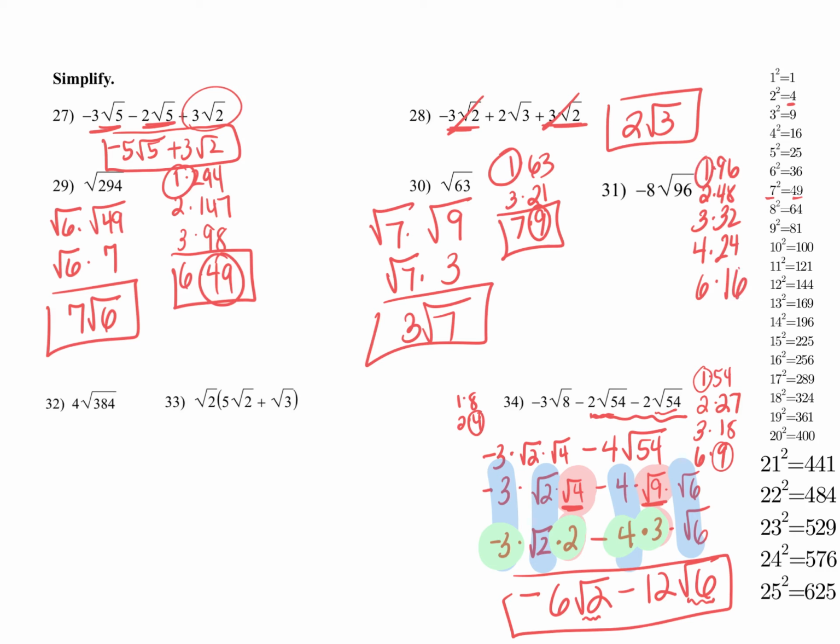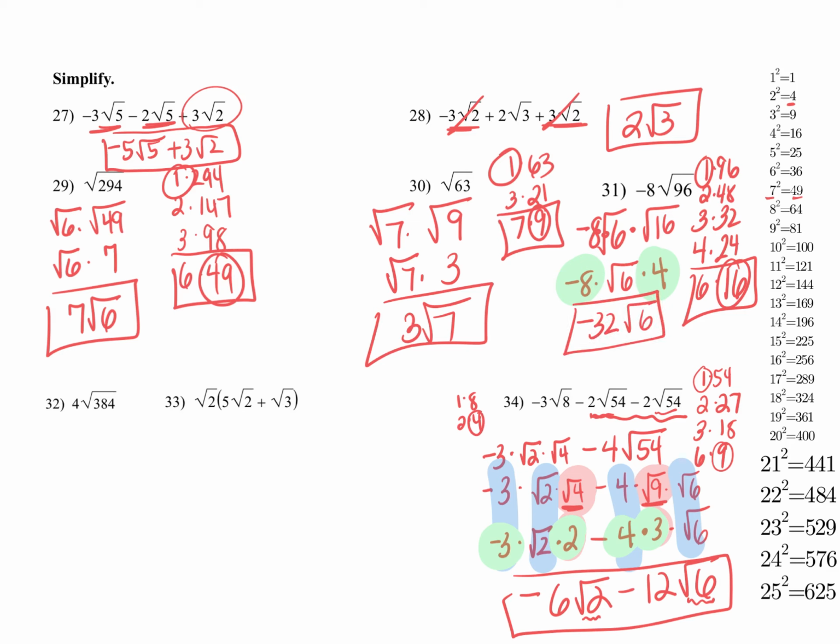So 1 and 16, with 16 being the biggest, so I have negative 8 times the square root of 6 times the square root of 16. So negative 8 times the square root of 6 times 4, not the square root of 4, 4. Multiply these two things. So negative 32 times the square root of 6 is the answer.